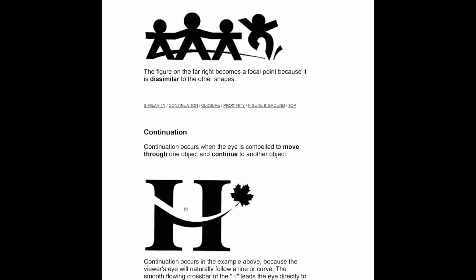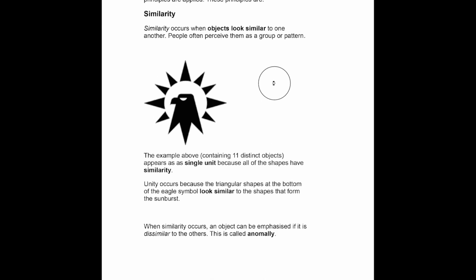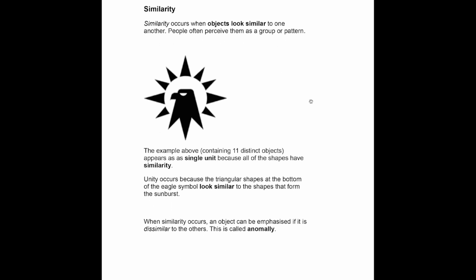Here's an example of that principle. It contains, as noted here, 11 distinct objects, which appear as a single unit because all of the shapes have something in common with one another, which is similarity.